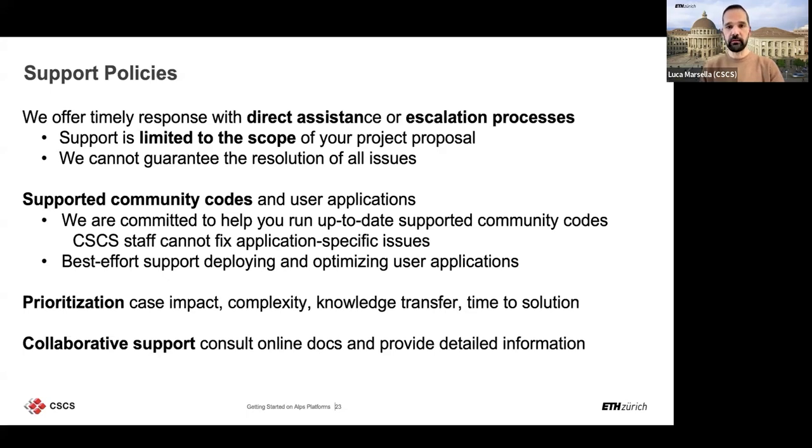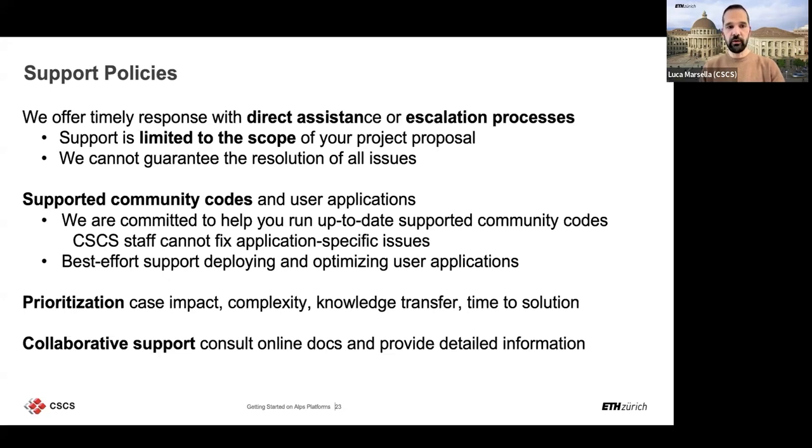For this type of issues, you should refer to the developers of the code. We also have best effort support when deploying or optimizing other user applications that are, for instance, not community codes. Then we make our best effort in order to help you run your code on the systems.